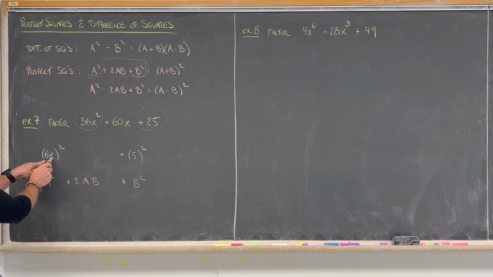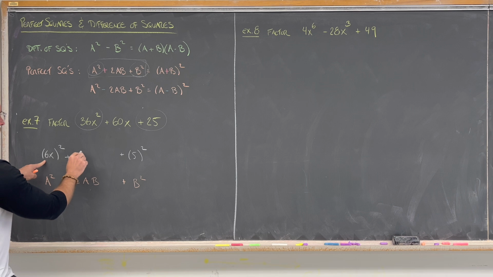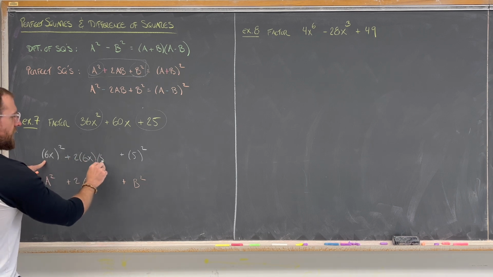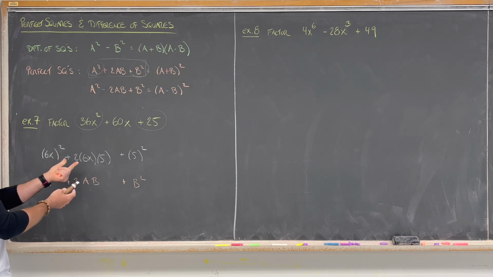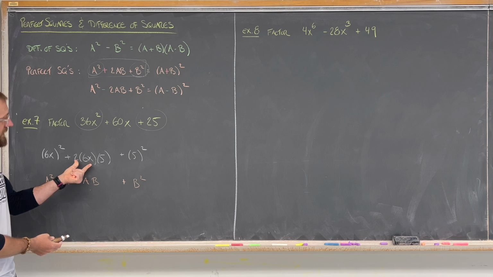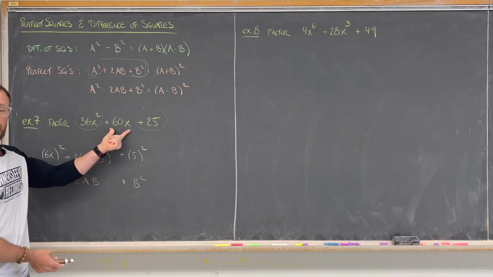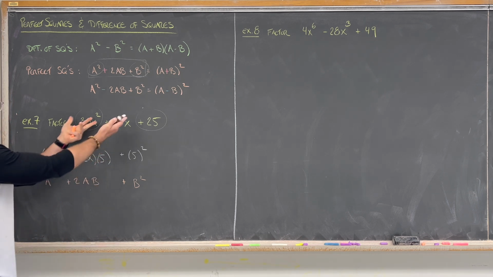Well, the a is 6x, so this would be 2 times 6x times 5, b is 5, and it just so happens that 2 times 6x, which is 12x, times 5 would give you 60x. So this is the original expression.